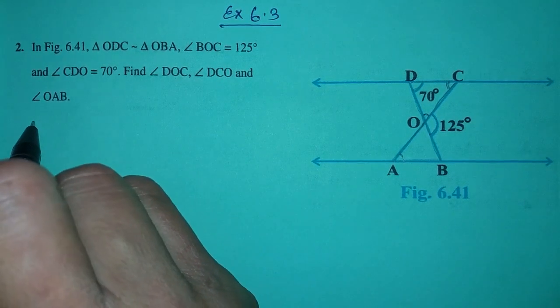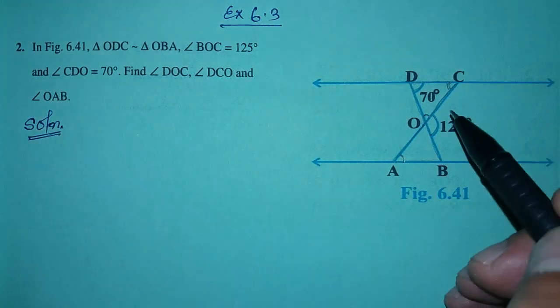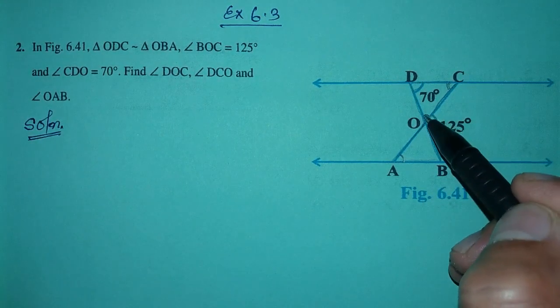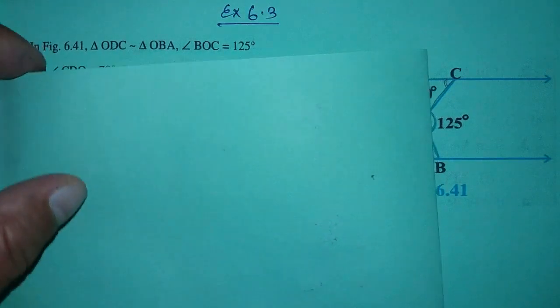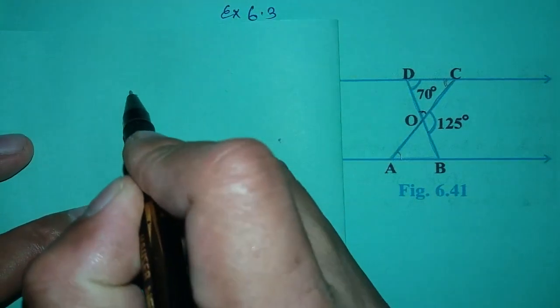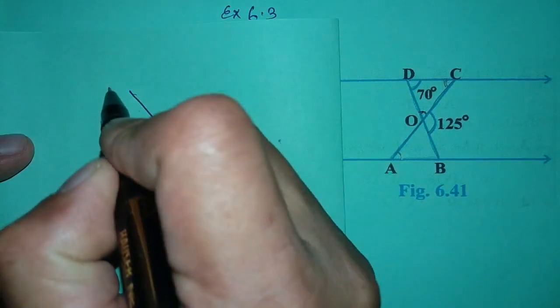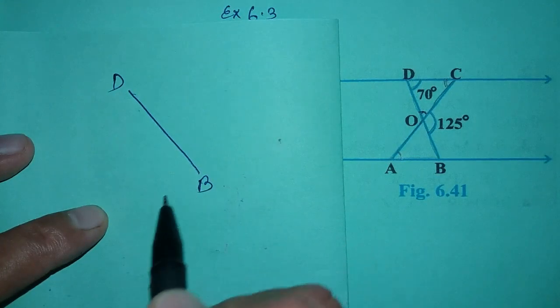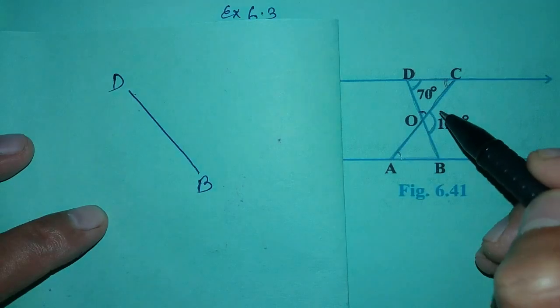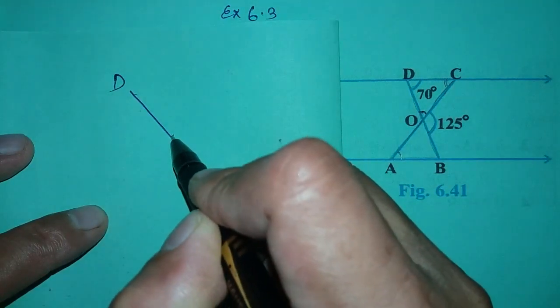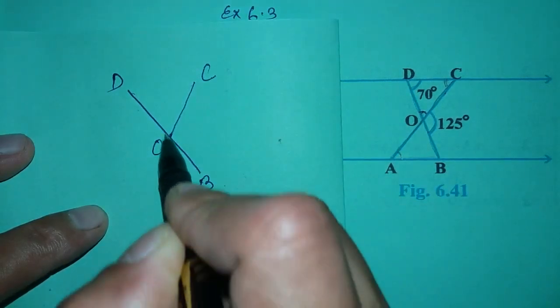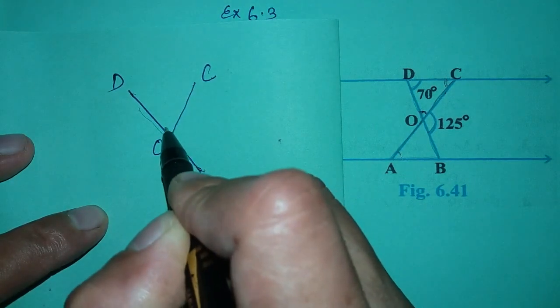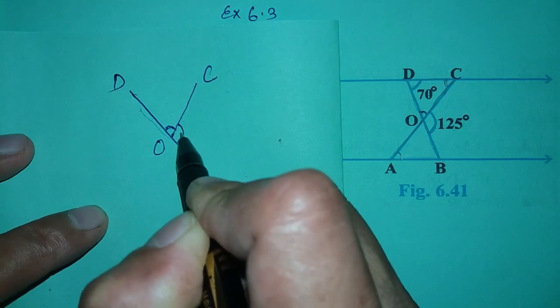Solution. First, let's find this angle DOC. Now, how can we find this angle? This is DB, and this is OC, like this. This is O, this is C. Now this is a straight line, so these two angles form a linear pair.